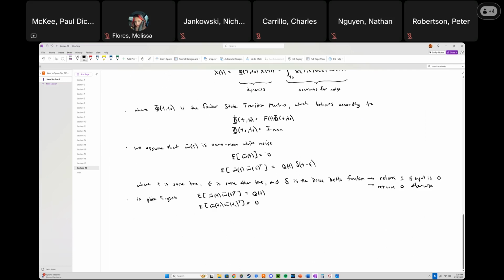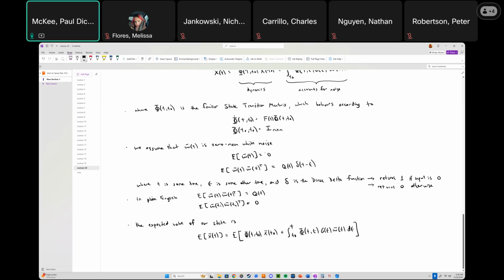Okay, so the expected value of our state, expected value of x of t, is equal to the expected value of phi from t naught to t times x of t naught, plus the integral from t naught to t of phi from epsilon to t, G of epsilon, omega of epsilon, d epsilon.